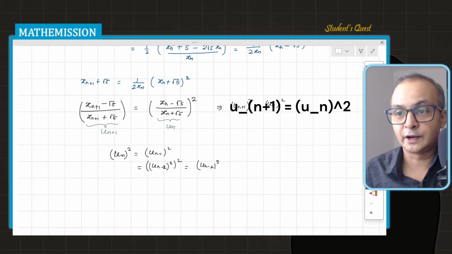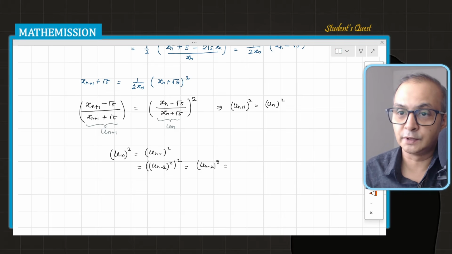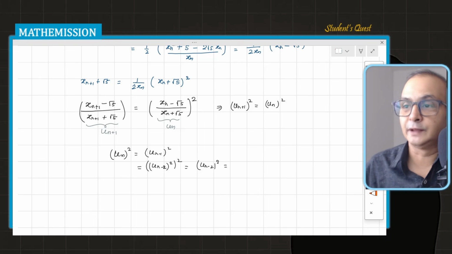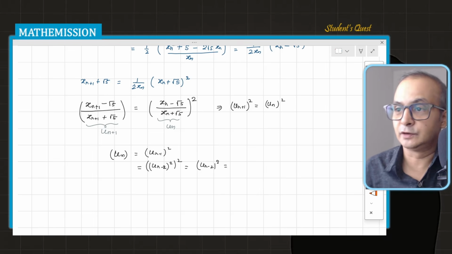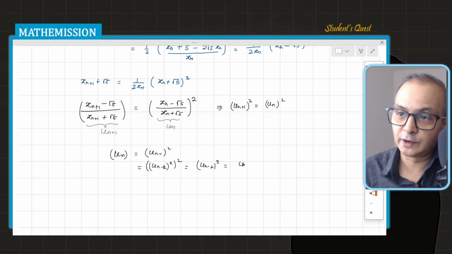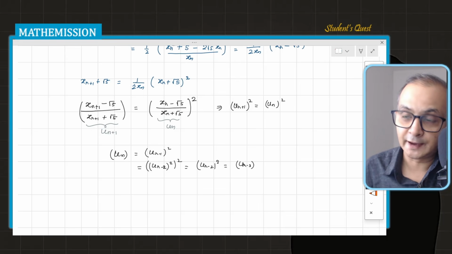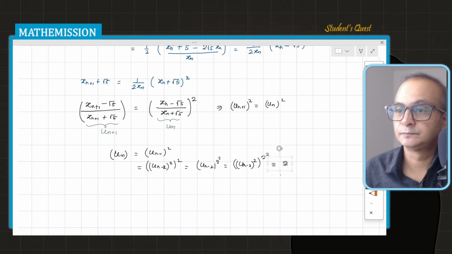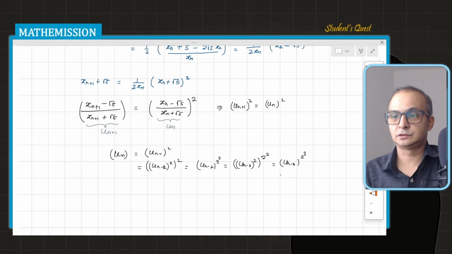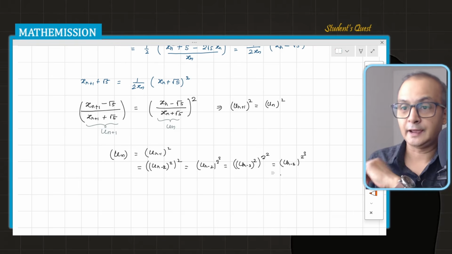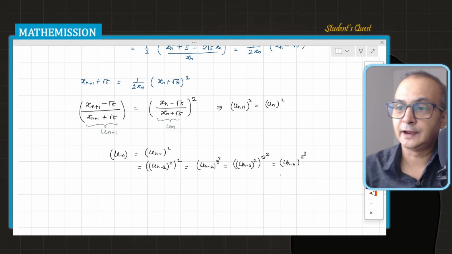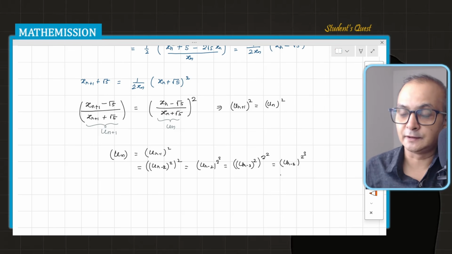Now, suppose you want to write un minus 2 again, that is going to be un minus 3, again squared, and un minus 3 to the power 3, means 8 actually.